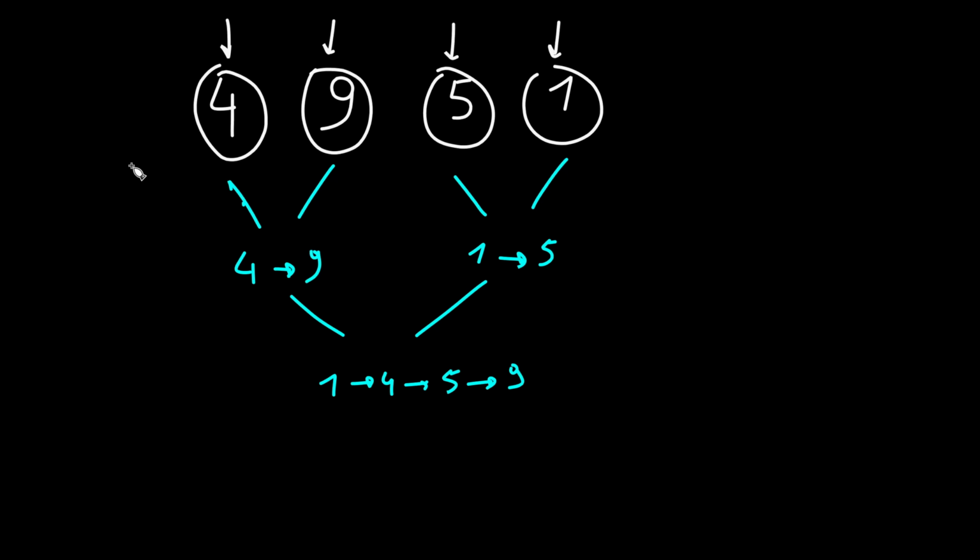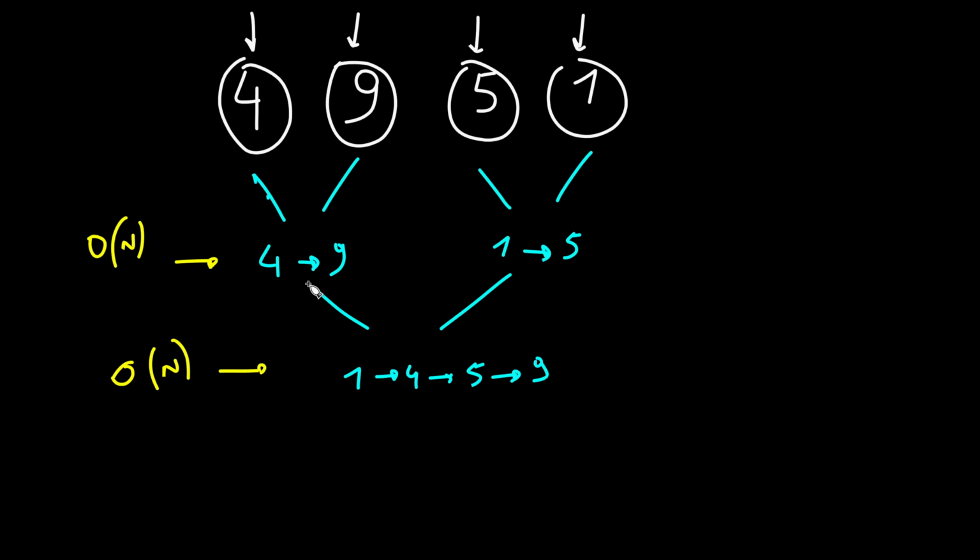So in this solution, we see that to get to this stage here, we had to traverse through each node. So the time complexity was O of n, and same to get to this node here. As you can see, at each iteration, the number of linked lists got halved. This is represented by a total time complexity of log k, where k is the number of linked lists.